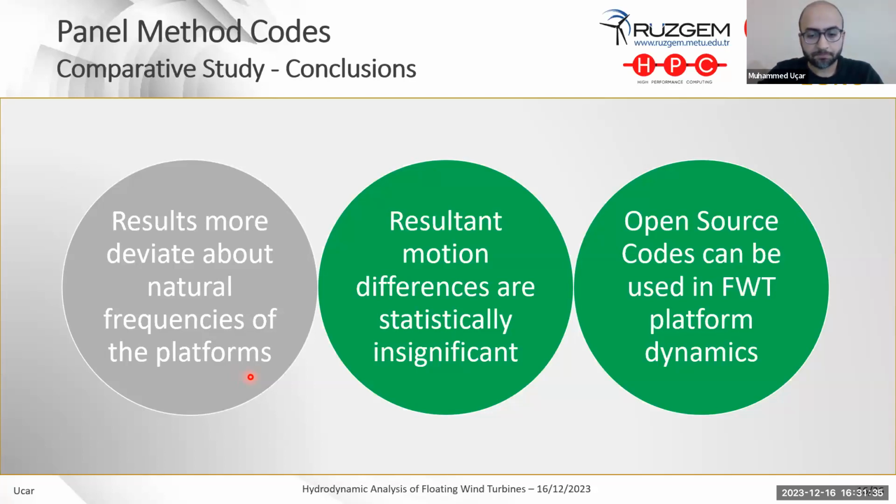This is not an extraordinary case. If we exclude these frequencies and look at the rest of the picture, we showed in our studies that the motion differences are statistically insignificant, I mean less than 5% deviation using normalized mean absolute errors. Thus we say that open source codes can be used in floating wind turbine platform dynamics. So instead of WAMIT, we can use NEMOH, HAMS, or BEMUSE.